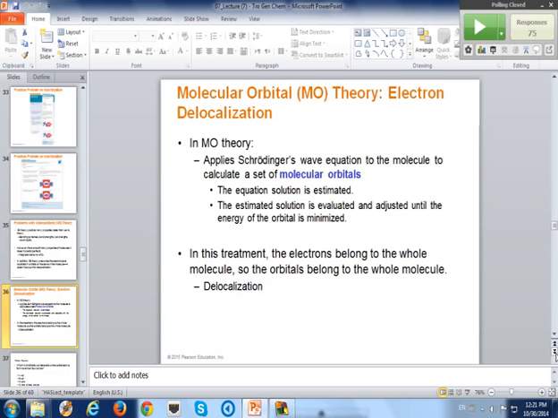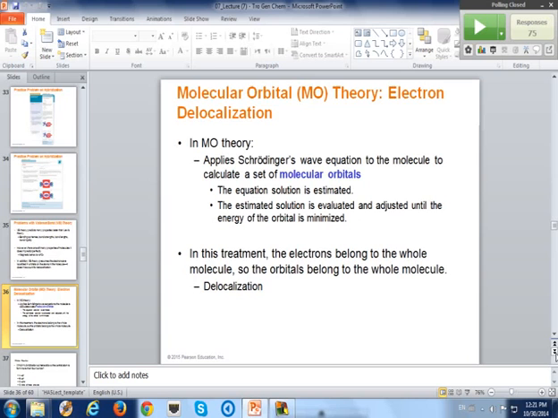That's what the valence bond theory does. It applies Schrodinger's equation to the individual atoms, and the resulting wave functions it uses to construct bonds to describe the molecule. On the other hand, molecular orbital theory applies the Schrodinger equation.